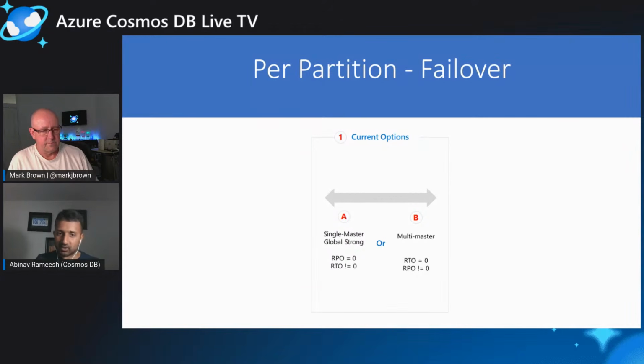There is a stretch goal, and this is going to take a while, but this is more applicable on the service managed side of things as far as visibility is concerned, which is where were we able to do a graceful failover and where were we not able to do a graceful failover.